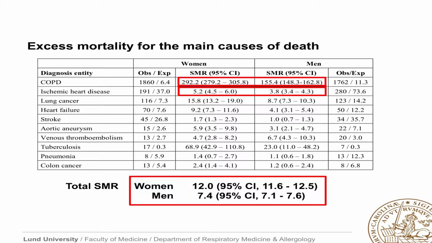For example, for COPD, we would be expecting 6.7 deaths, but we had 1,860, which creates a large excess mortality in our study. So that's the type of thing we could look at, and we could compare between men and women.